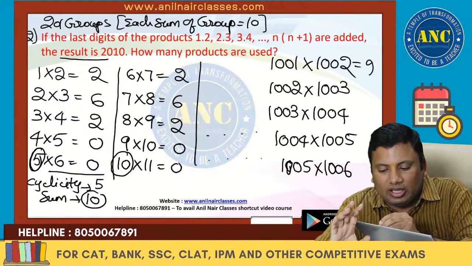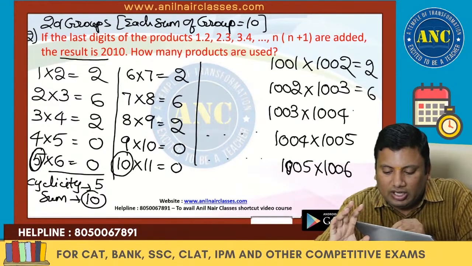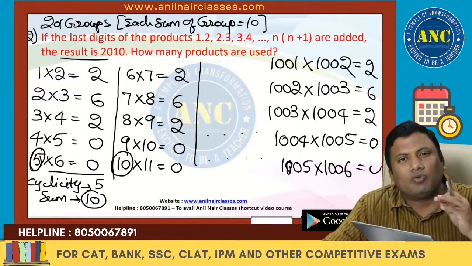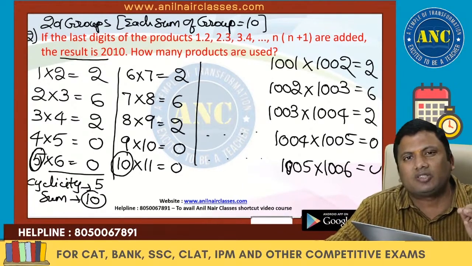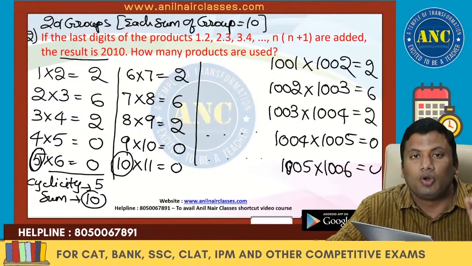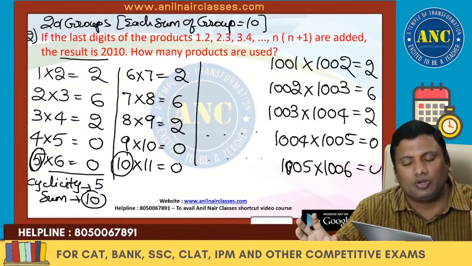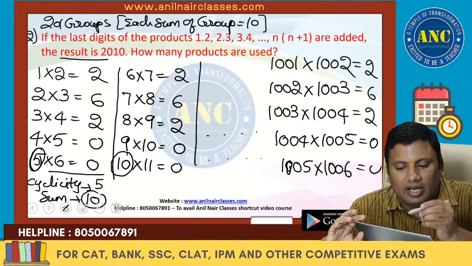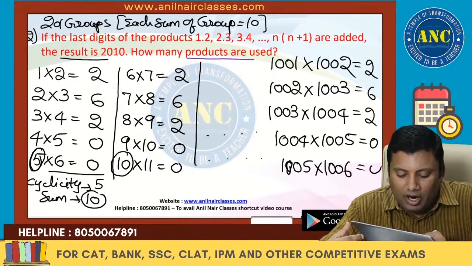These again are 2, these 6, these 2, these 0, these 0. This is one question where most of the students will make a silly mistake, knowingly or unknowingly. This process you can do, and immediately you will tick mark the answer as the number of products used.